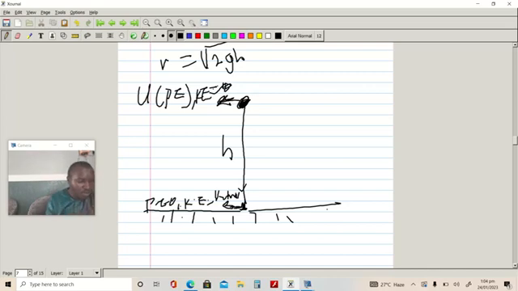Now, what will happen at the middle? When you release the body and it gets to the middle, the principle of conservation of energy tells us that the potential energy is being converted to kinetic energy. At this point, our height is equal to h over 2, half the height.